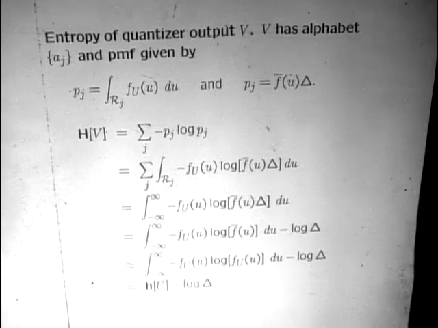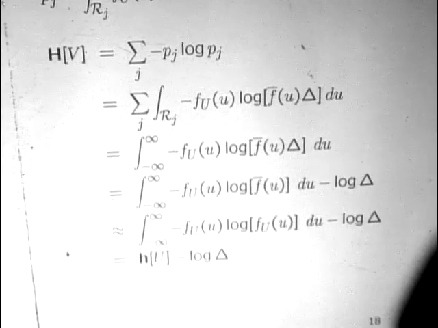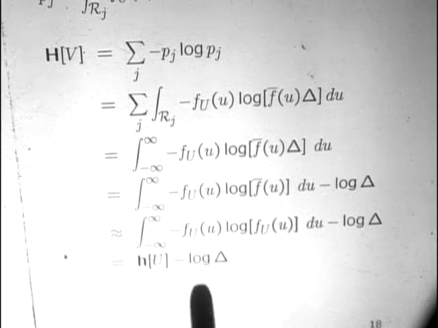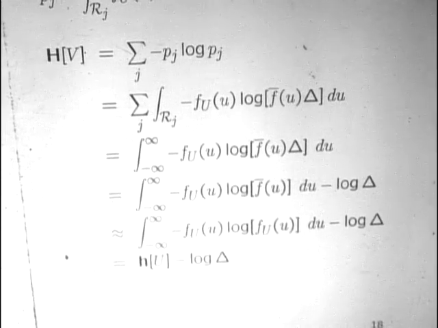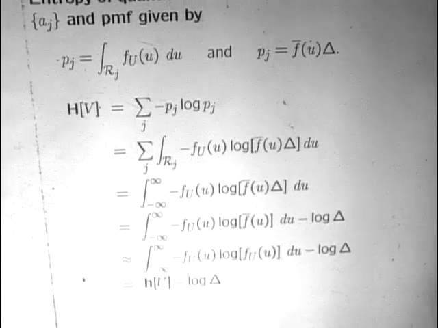As I quantize more and more finely, this entropy keeps going up. It goes up because when delta is very, very small, minus log delta is a large number. So as delta gets smaller and smaller, this entropy heads off towards infinity.